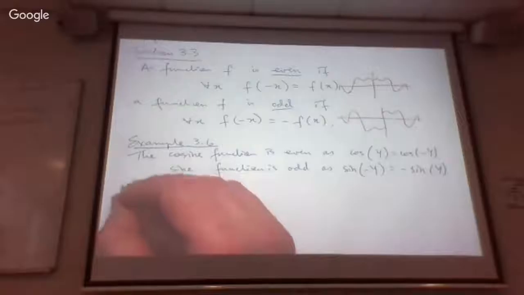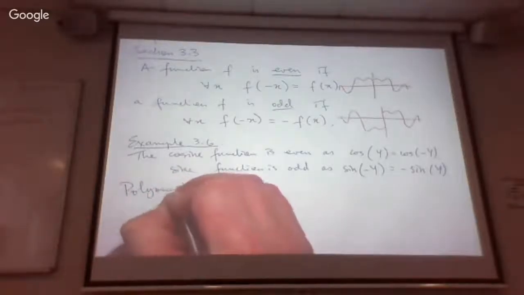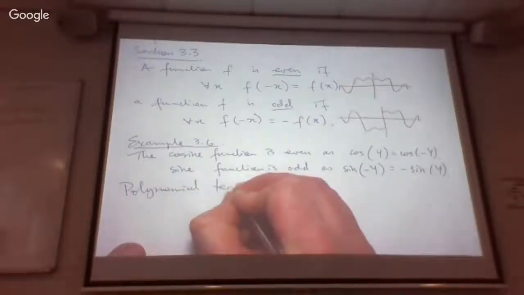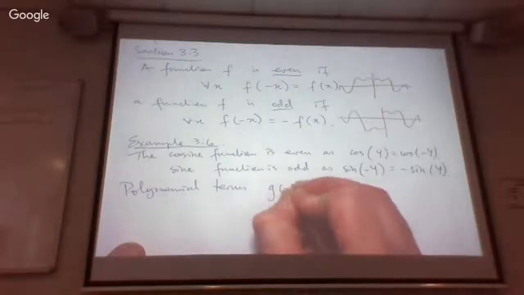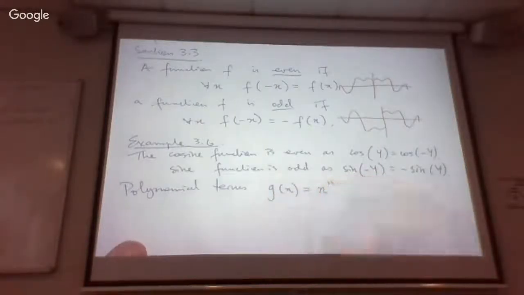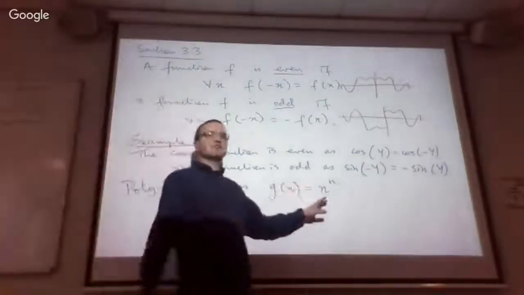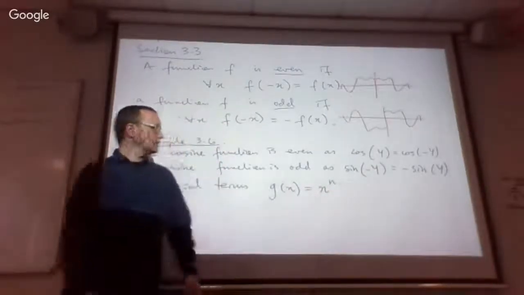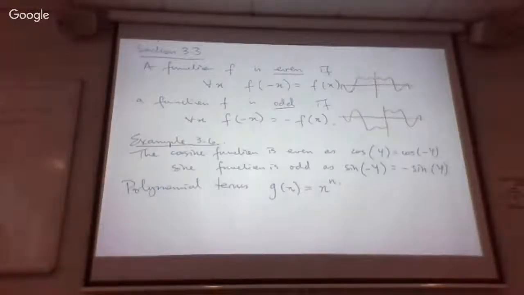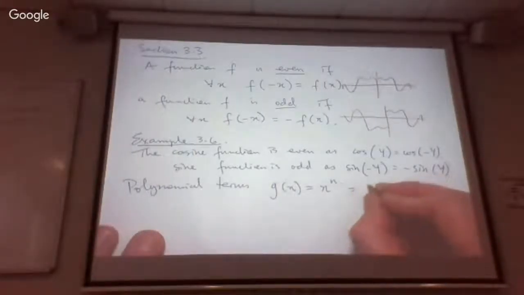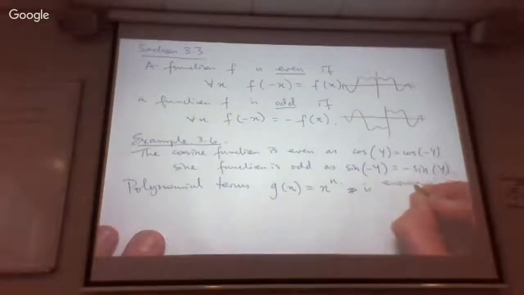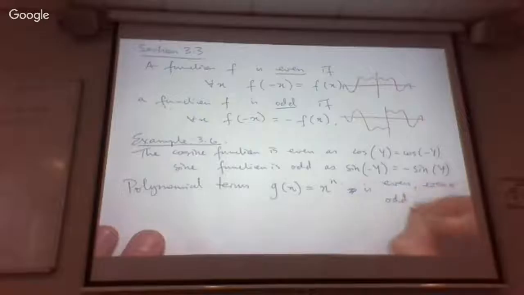And the single polynomial terms, g of x equals x to the n. Some of these are even, some of these are odd, and they're even or odd depending on what n is. So this is even for even n, and it's odd for odd n.